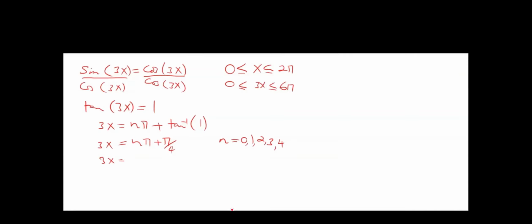So 0 gives me a quarter pi, and that gives me 5 pi. If I substitute 1 into that, that gives me 5 pi on 4. Then 2 gives 9 pi on 4, 13 pi on 4, 17 pi on 4, and 21 pi on 4.